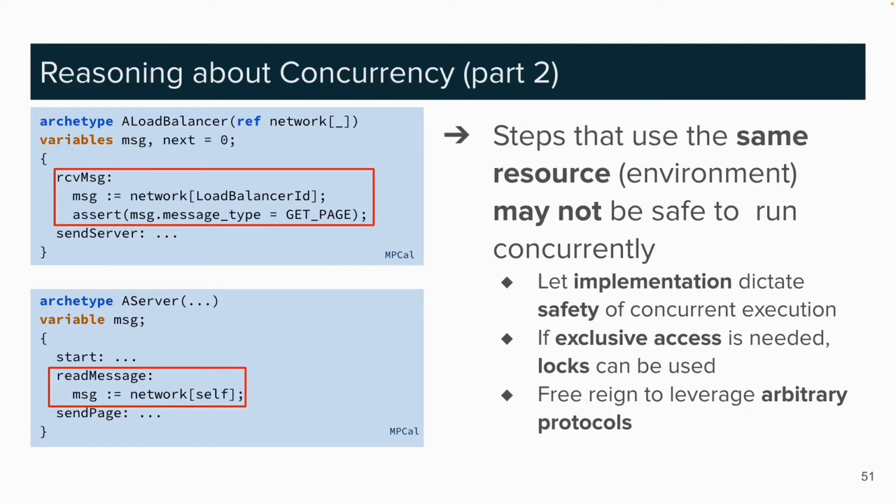If you need to do something like exclusive access with locks, your implementation should be able to do that. You should also have the freedom to run arbitrary protocols inside the resource to determine what is or isn't okay. And while those protocols should ideally be simple, you can really do whatever you want.